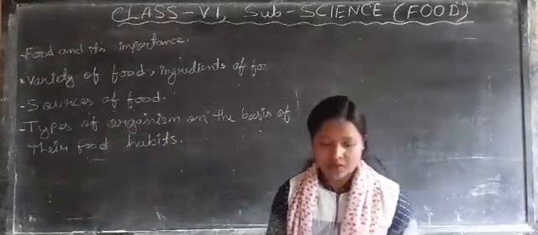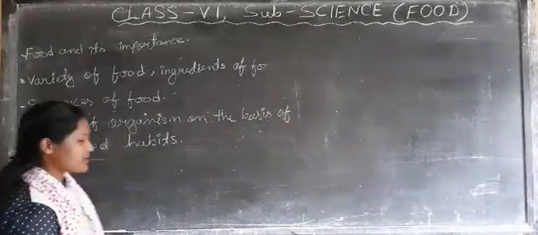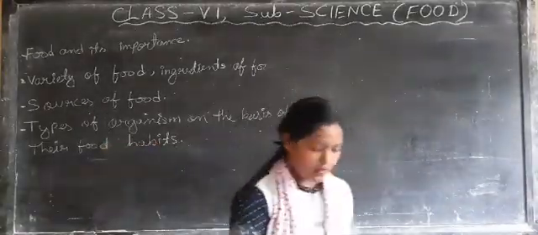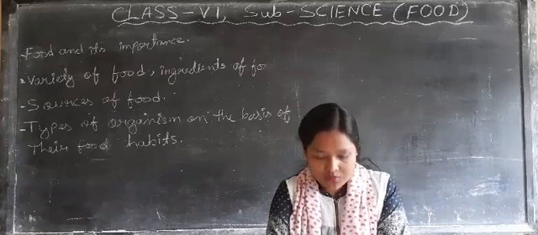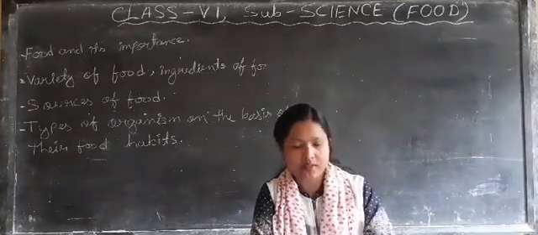Okay, our next topic is types of organisms on the basis of their food habits. There are 3 types of organisms on the basis of their food habits. What are they?